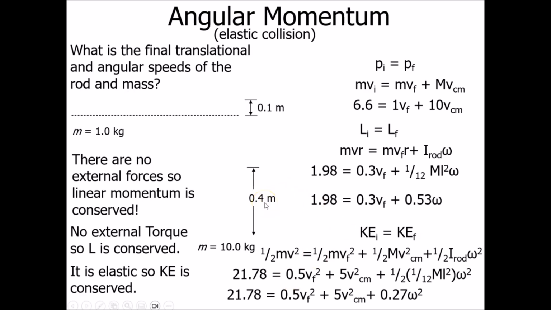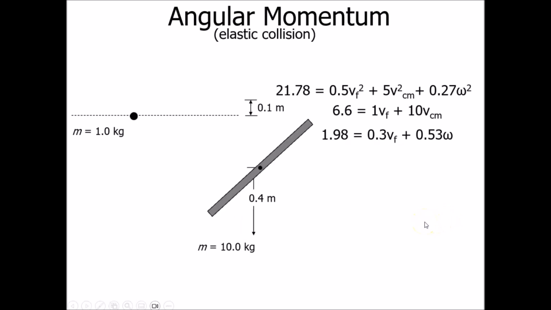So I have three unknowns: the final velocity of the ball as it bounces back, the velocity of the center of mass, and the angular velocity of the rod. But I also have three equations: the kinetic energy equation, the angular momentum equation, and the linear momentum equation.